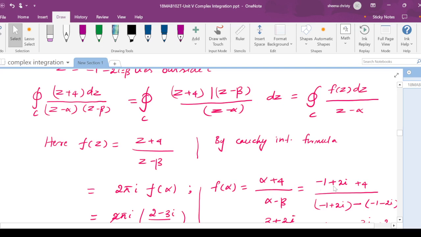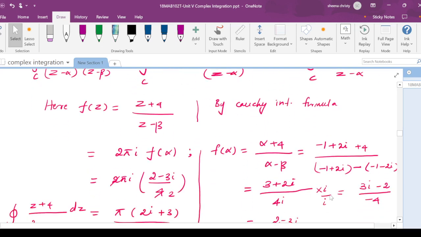Alpha is -1 + 2i, beta is -1 - 2i. Substitute it and do the simplification. The numerator will become -1 + 4 = 3 + 2i, divided by -1 + 1 gets cancelled, then 2i minus (-2i) will give you 4i.